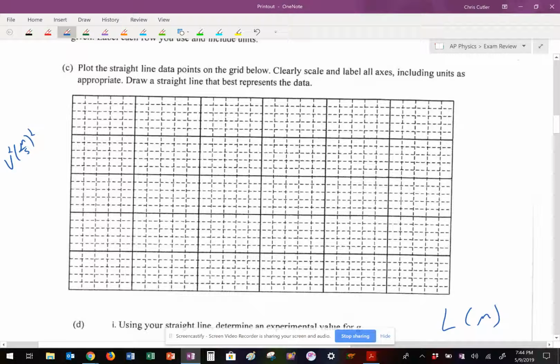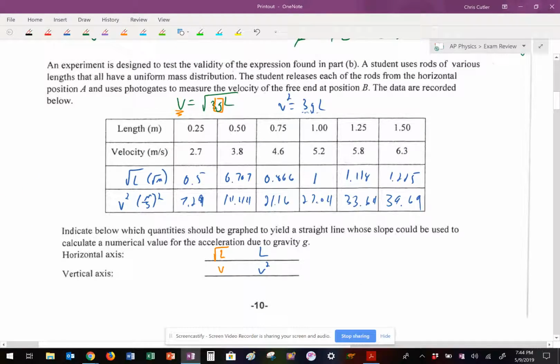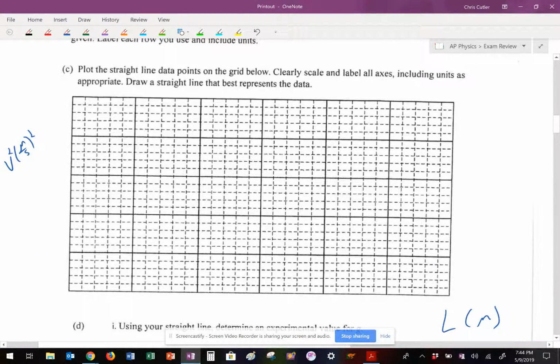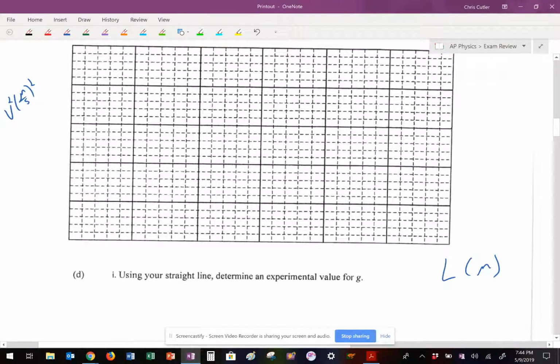I want to use as much of the graph as possible. For L, it goes from 0 to 1.5, and it gives us six separate divisions, so we can use 0, 0.25, 0.5, 0.75, 1, 1.25, 1.5.